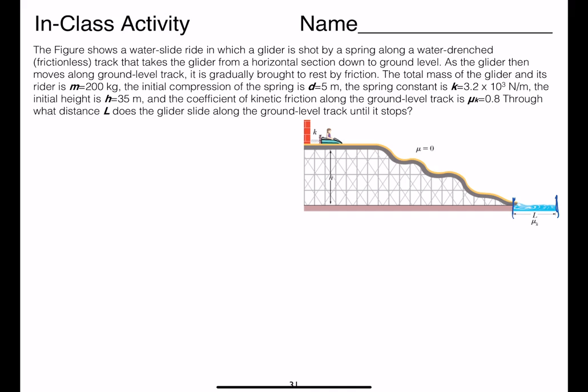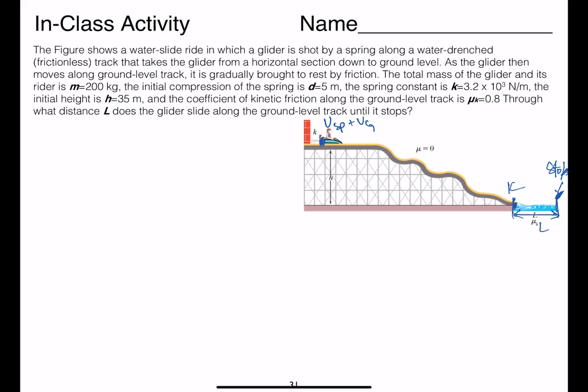So here you have potential energy due to spring and gravity, because the spring is doing work as well. Everything is kinetic at this point, and then it stops at this point. Here you have energy due to spring and potential energy due to gravity. Here you have K, everything stops here. So we want to find this length L.